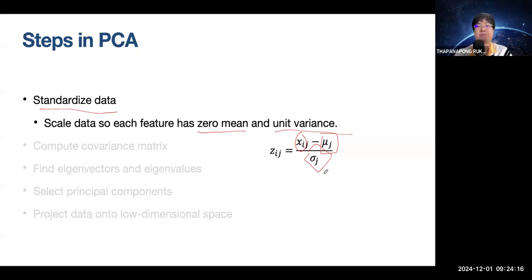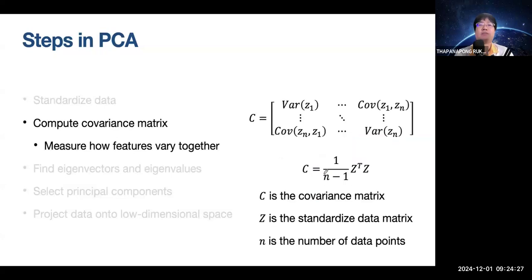So this is the first step. Just subtract the mean and divide by the standard deviation. Now the next part, I want to compute the covariance matrix. Basically, the covariance matrix is a matrix of the correlation between every pair of points, right?